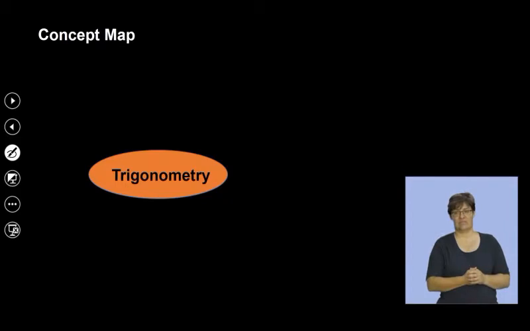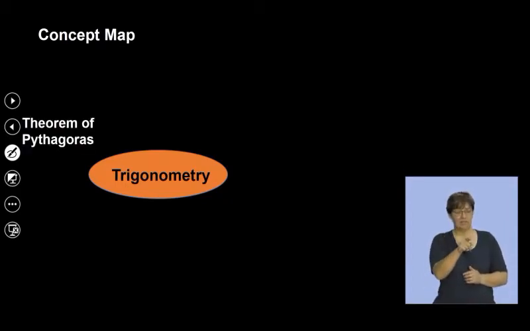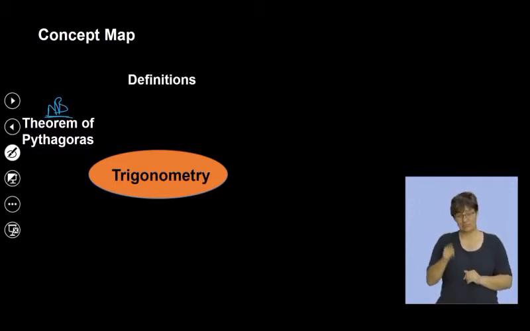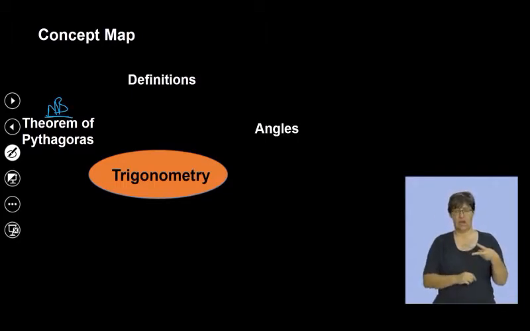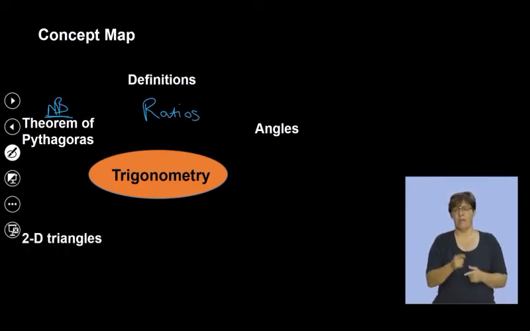So remember that we're still looking at the theorem of Pythagoras, which I said was the most important thing when it comes to your trigonometry at this point in time. So you definitely need to know it. Also, we looked at the concept of definitions, and with definitions, we spoke about the concept of ratios. You don't define a ratio based on your dictionary definition or anything like that.